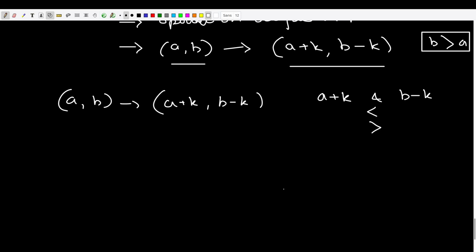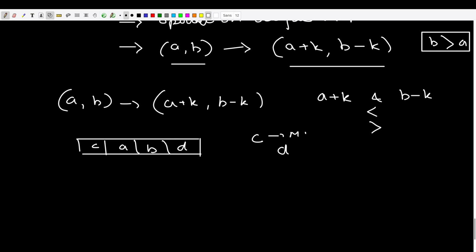So let's say some array was given to us and we are operating on pair a, b. We know that this array is sorted, so c is the minimum element and d is the maximum element.